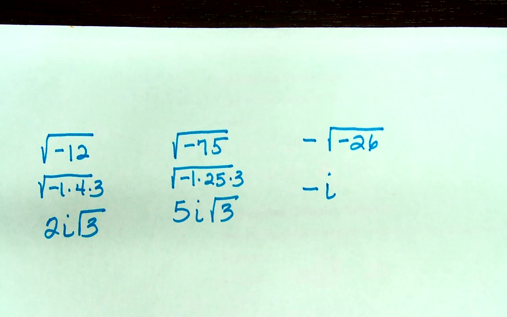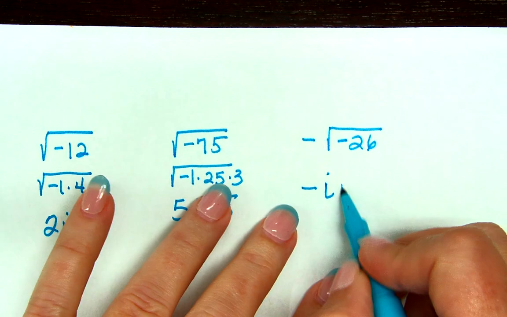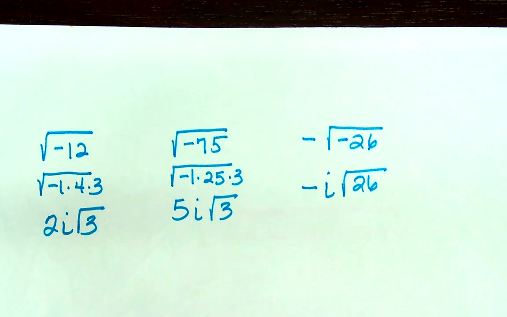What's the square root of 26? The only thing I can think of that divides into 26 is 2 and 13. Do I know the square root of 2? Do I know the square root of 13? No, so just leave it. Almost 6. Does that make sense? I didn't even trick you. Dang it.